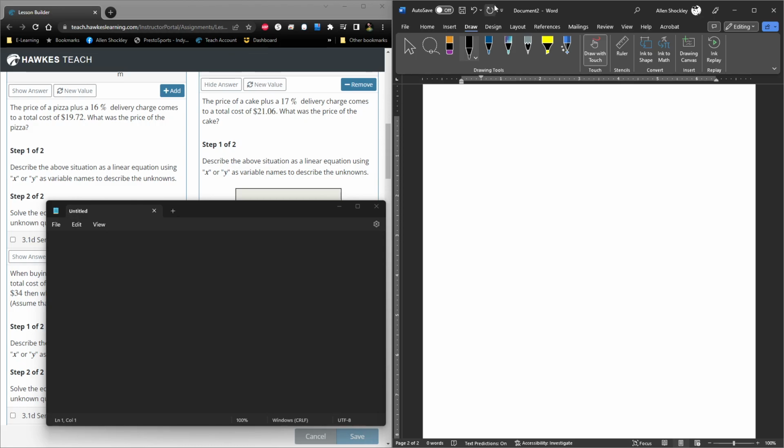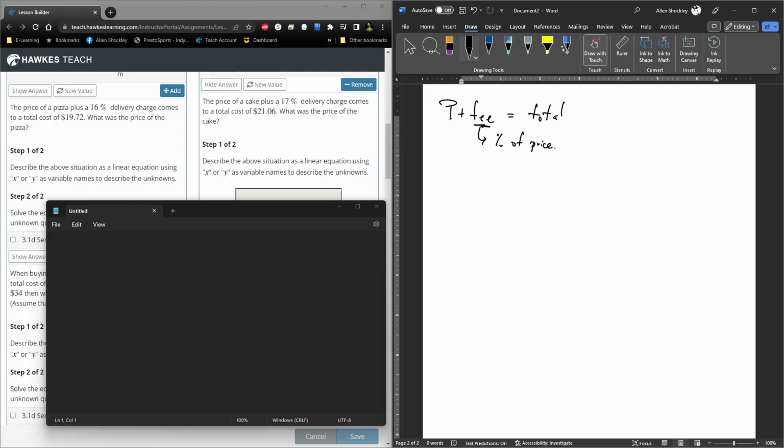So for this one, remember that a price of an object plus a fee will equal the total. But for us, this fee is a percent of your price P. So it's not just the cost of the cake plus 17% equals the total of $21.06.